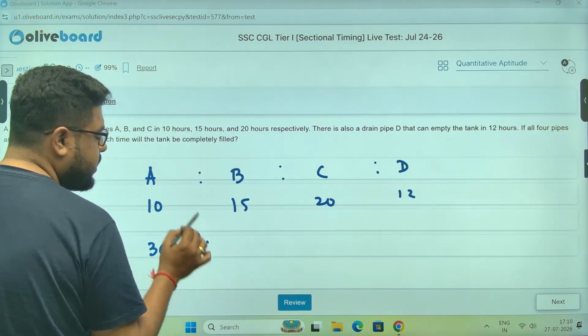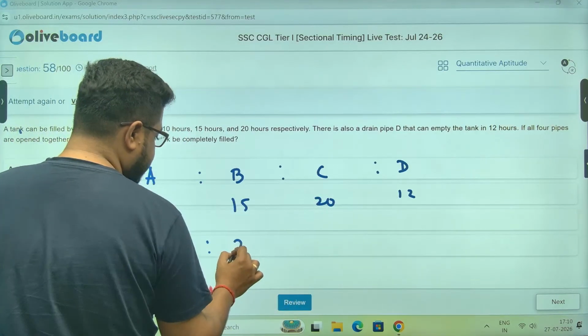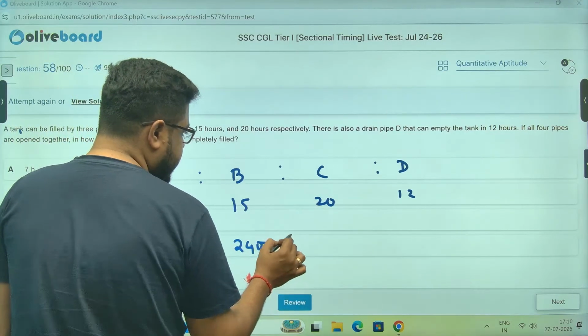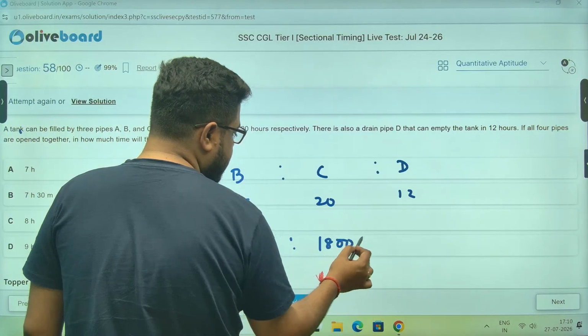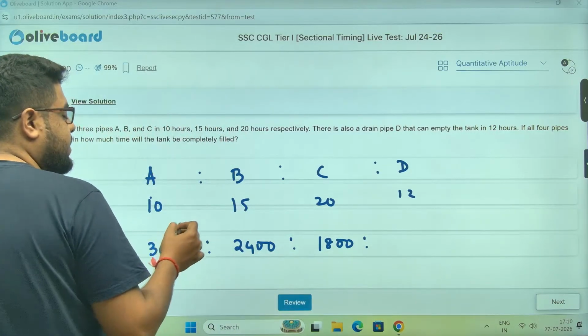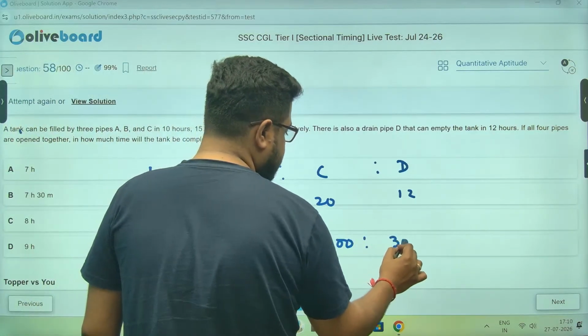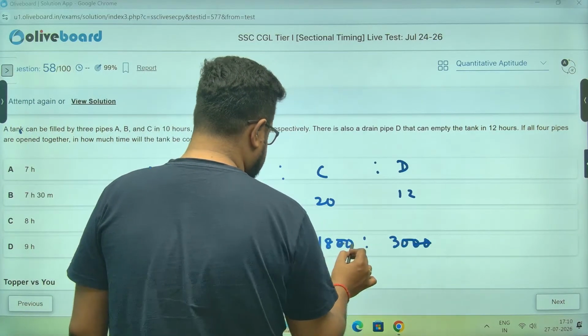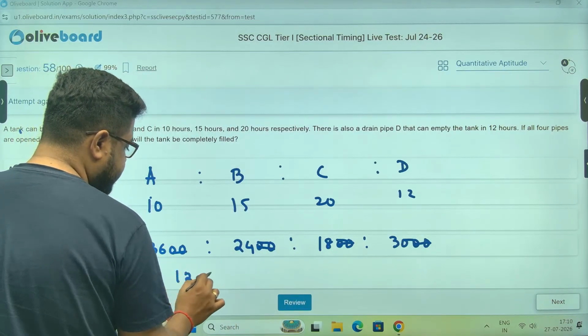Then 10, 20, this, so 24, 2400. Then comes 15, 12, 180, 1800. I'm writing the inverse ratio. Then comes 300, 3000. Now get rid of whatever you can. Double zero I can cancel from everything. 3 also I can cancel.